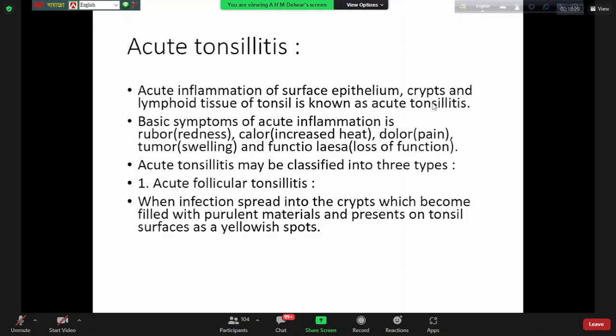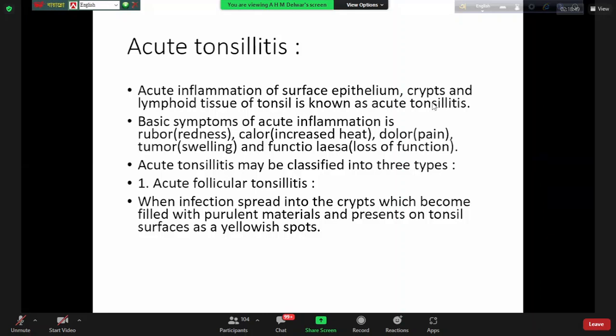So, when a patient comes to you, they have a fever, they have pain, they have dysphagia, and they have a loss of some function, and the tonsil is enlarged.